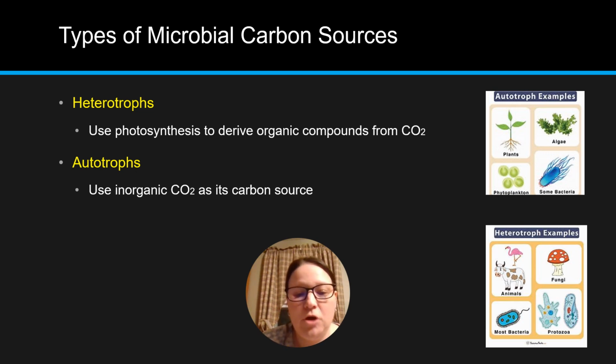The heterotrophs use photosynthesis to derive organic compounds from carbon dioxide, and a heterotroph example is animals, fungi, different things like that. The autotrophs use inorganic carbon dioxide as their carbon source, and an autotroph example is algae, different kinds of plants, those kinds of things. And I did list some examples on this slide.